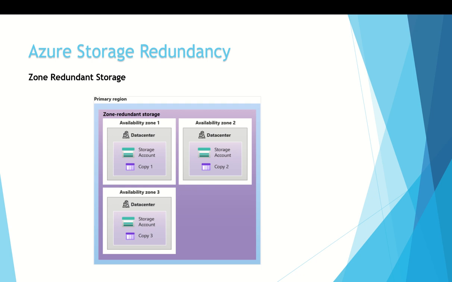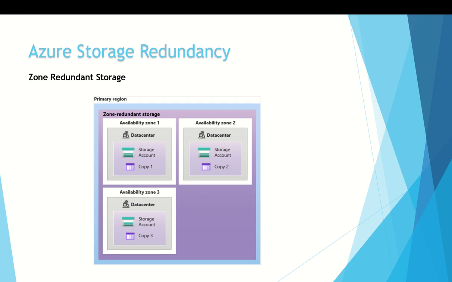So if one goes down or is completely lost, then also you will have 2 copies available. Microsoft recommends using ZRS in the primary region for scenarios that require high availability. ZRS is also recommended for restricting replication of data within a country or region to meet data governance requirements.